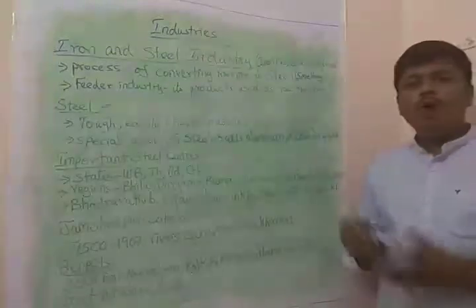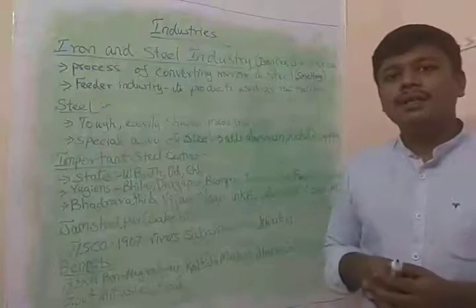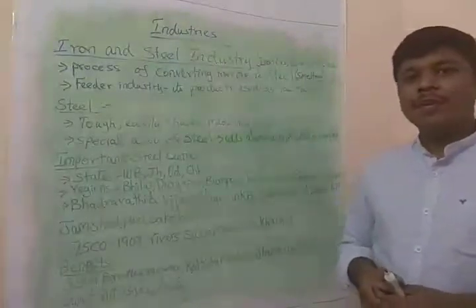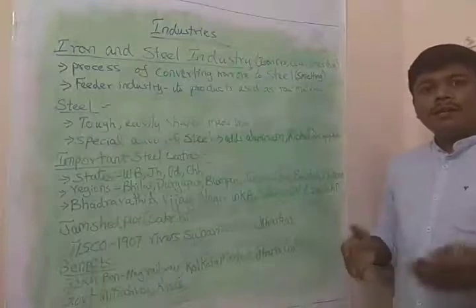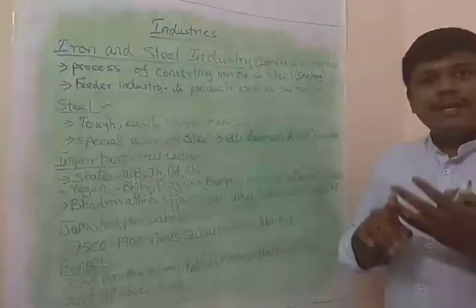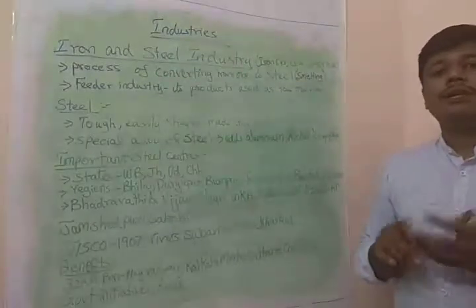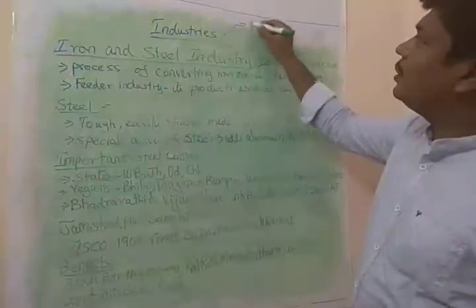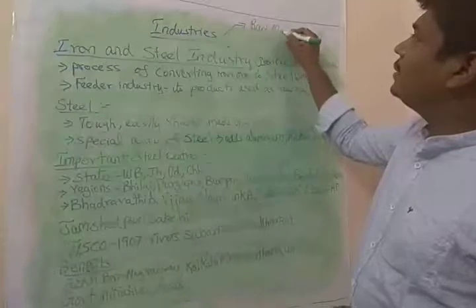Okay ma'am, so what are the things that will be done in this iron and steel industry ma'am? Normally three things should be there for an industry to run. What are the three things ma'am? As I already told you, the first thing is raw material, right?